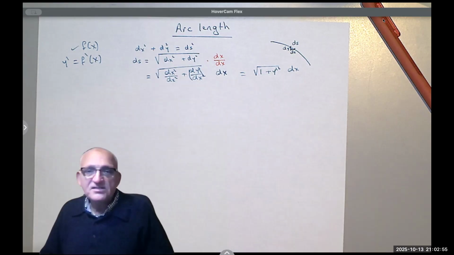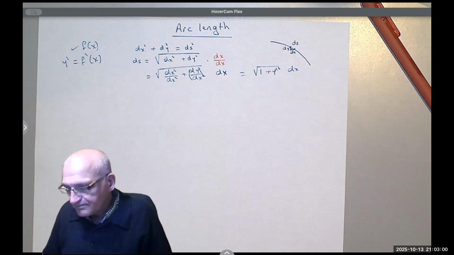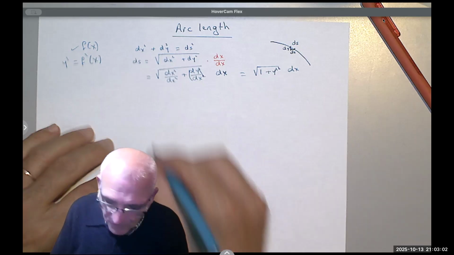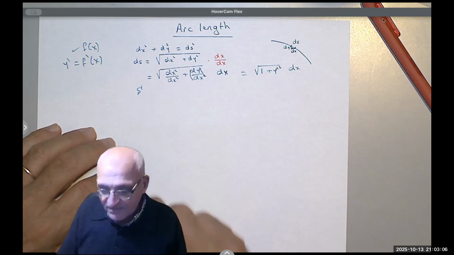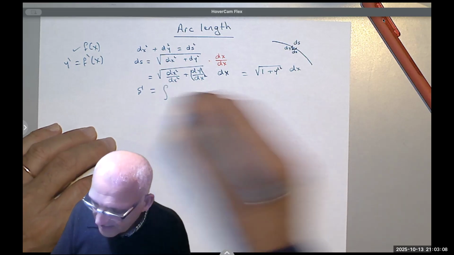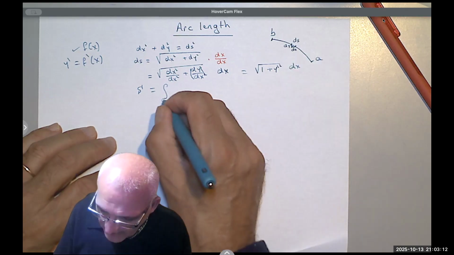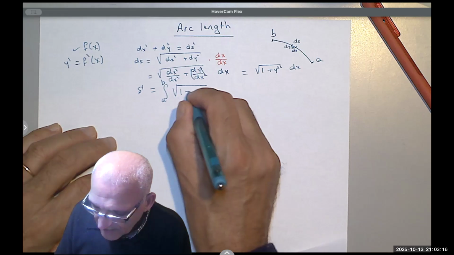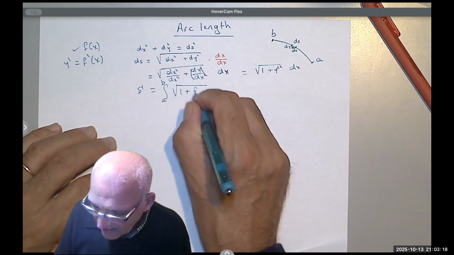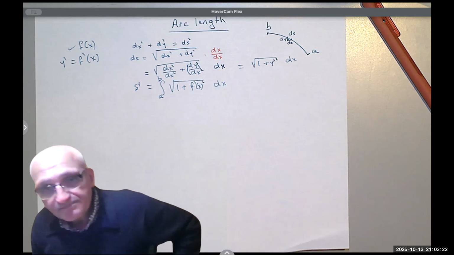So I can use this equation to solve the problem by integrating, of course. So if I integrate the left-hand side, I get s, which is the total length of the graph, and that would be the integral. Let's say I'm going from point A to point B. So from A to B of the square root of 1 plus f prime of x squared dx.